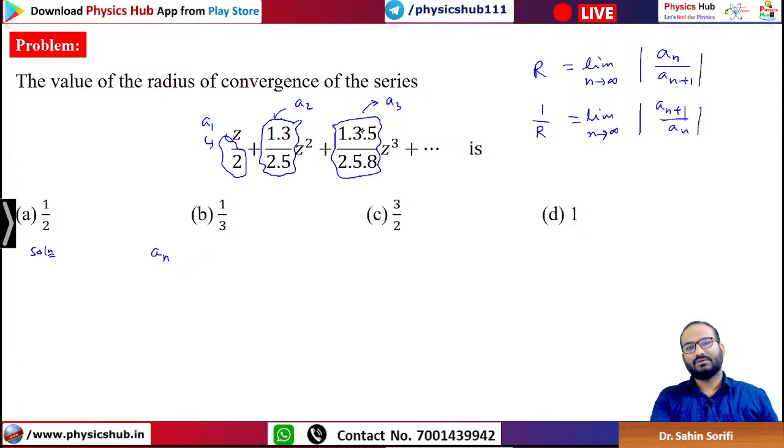If you closely look at this term, third term is 1 3 5, second term 1 3, so 2 unit difference you see. In the denominator 2 5, 2 5 8, 3 difference. 2 difference in the numerator, 3 difference in the denominator.